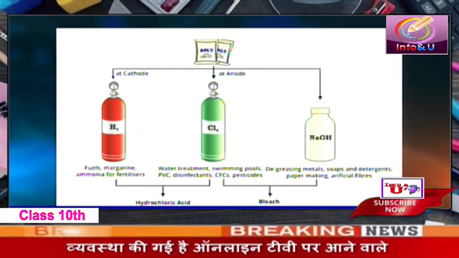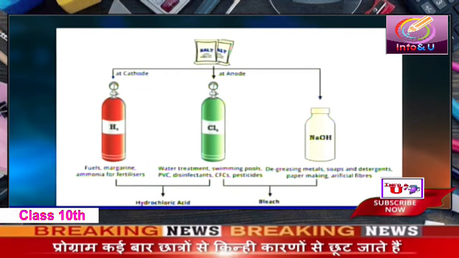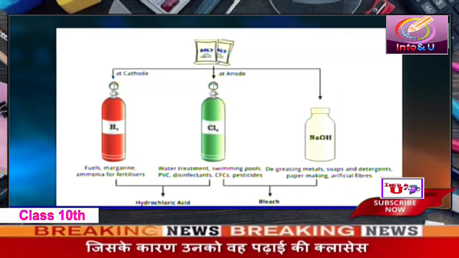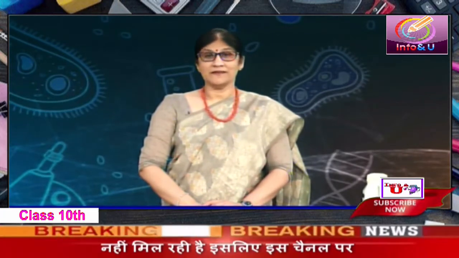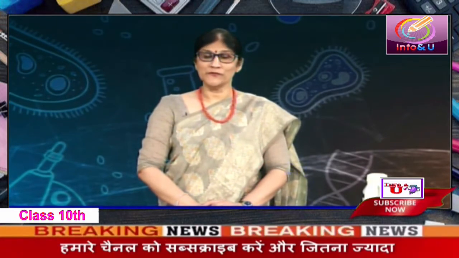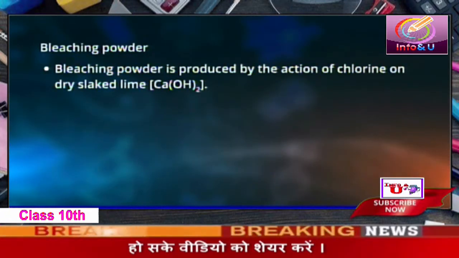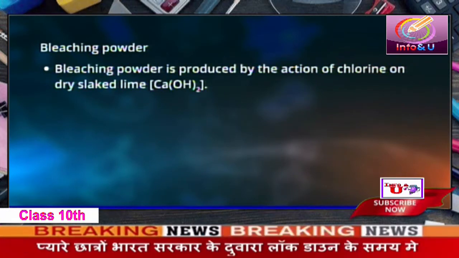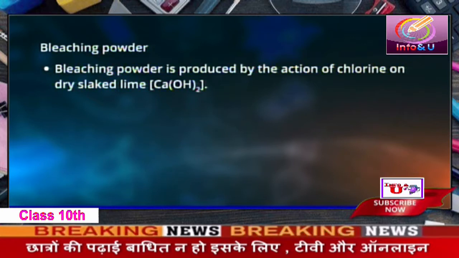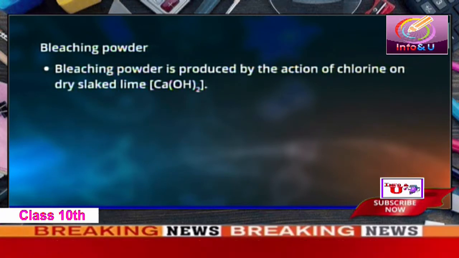Now, let us learn more about some specific products which can be produced from these three basic products from sodium chloride. The first product that we are going to study about is bleaching powder. As the name suggests, it is used for removal of color. The bleaching powder is produced by the action of chlorine gas, which was produced in the chlor-alkali process on the dry slaked lime, that is calcium hydroxide.